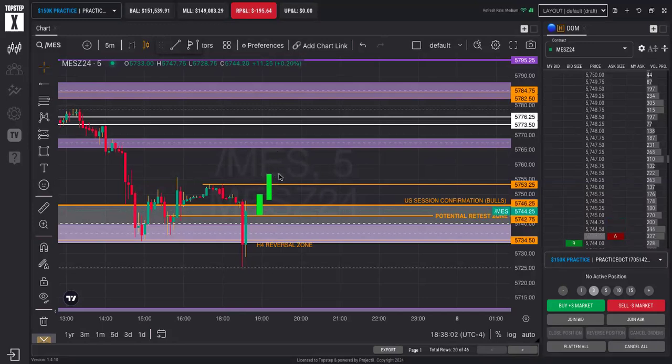Right. So we get red, then we get boom, boom. So we got a double engulfing right here, right?